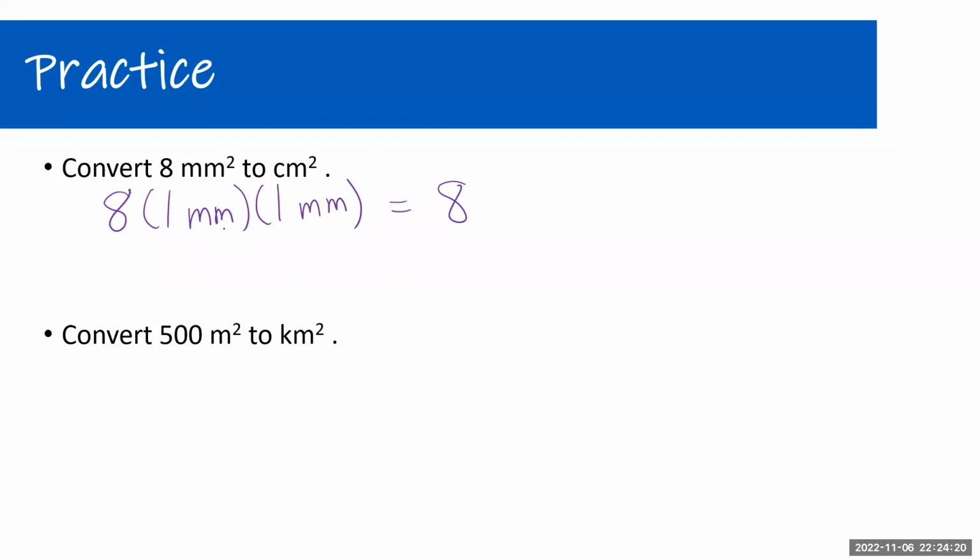And remember that 1 millimeter is 10 to the negative 3, centimeter is 10 to the negative 2. So we're going to move that decimal place one way, okay? 0.1 centimeter, 0.1 centimeter. And if we multiply that across, we're going to end up with 0.08 squared centimeters.